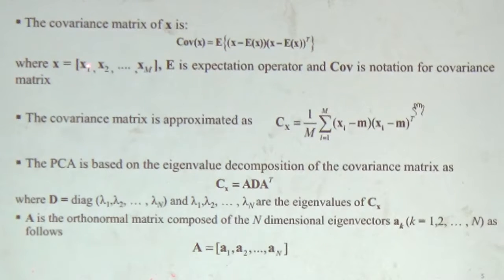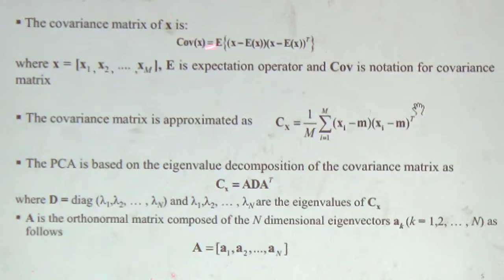So now there are capital M number of points, and this covariance matrix has to be computed. So this vector, expectation of x, is composed of capital M number of points summed over how many points inside each vector? Capital N cross 1.